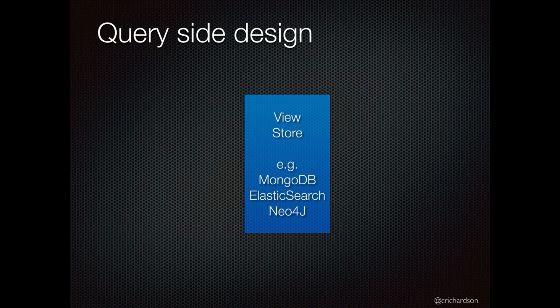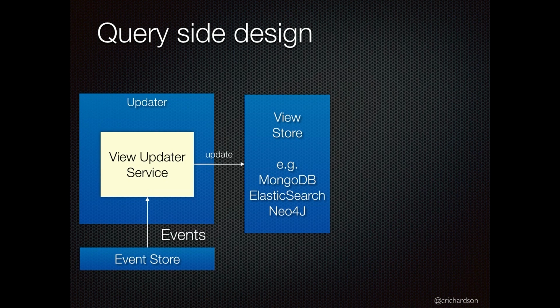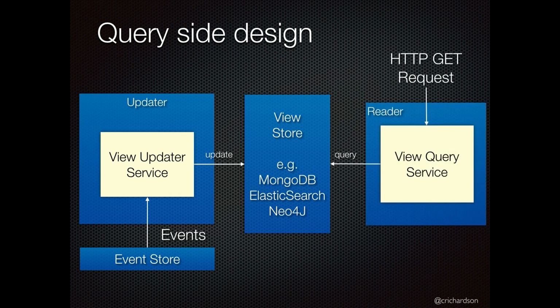If it was searching social graphs, then perhaps it could use a graph database like Neo4j. There would be a service, or at least a component, that would subscribe to events being published by the event store, and it would be responsible for keeping the view up to date. There would be another component that would handle the HTTP request by querying the view store.